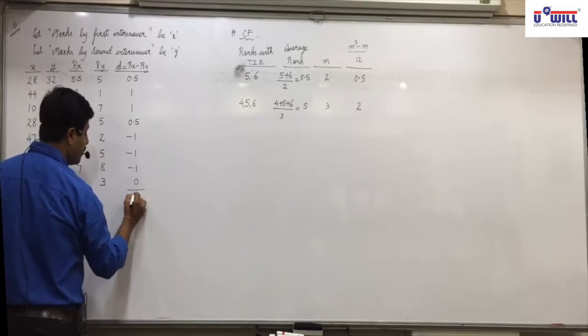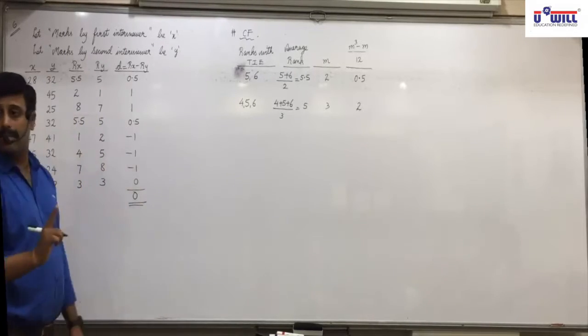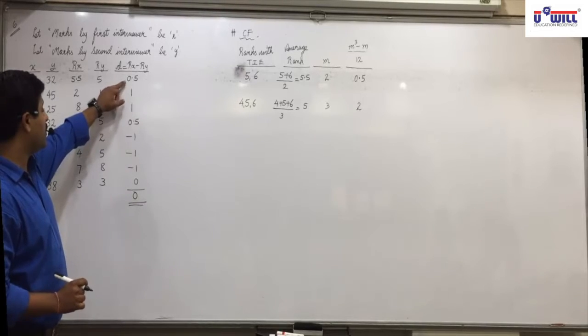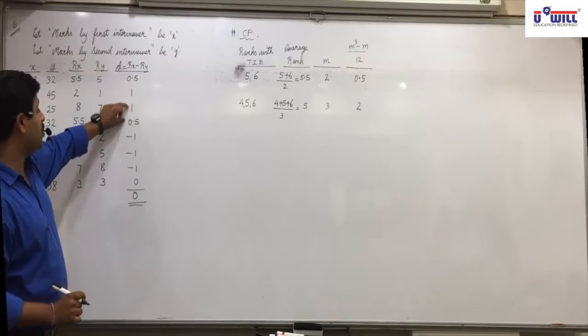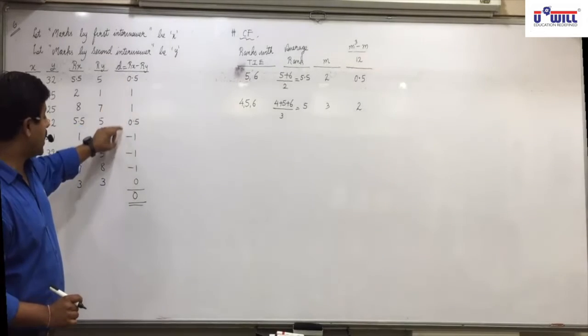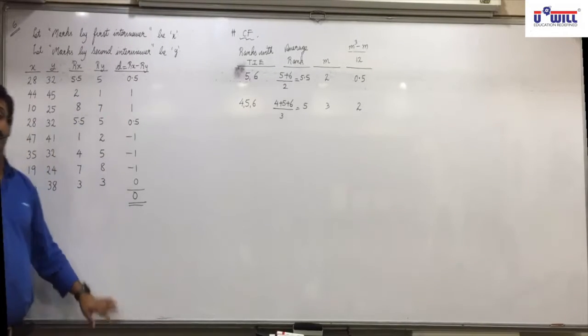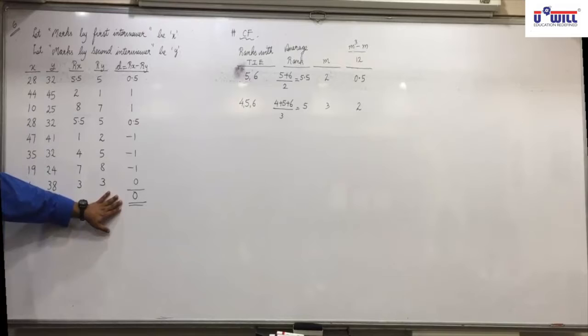Total must come, but don't write it, check it. Positive is 0.5, 1, 2, 3, positive is 3, negative is also 3, so 0. Yes, Darshan and Jay, any confusion? Don't talk in between them. Anyone else having any doubt?